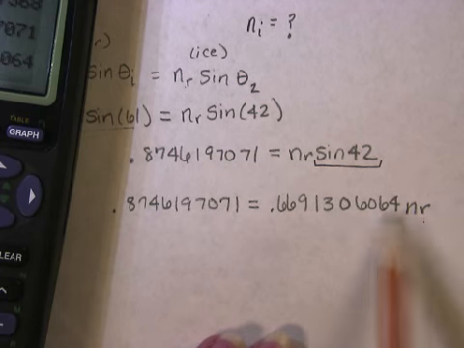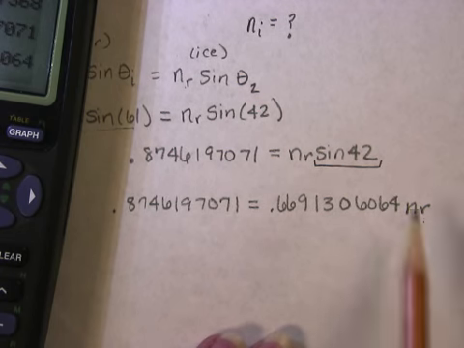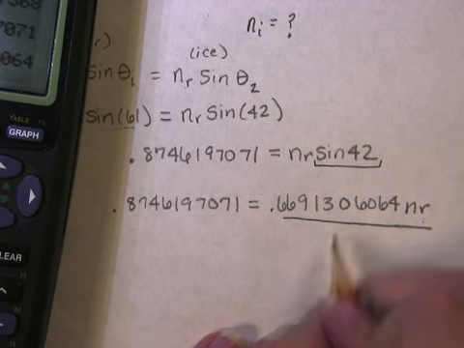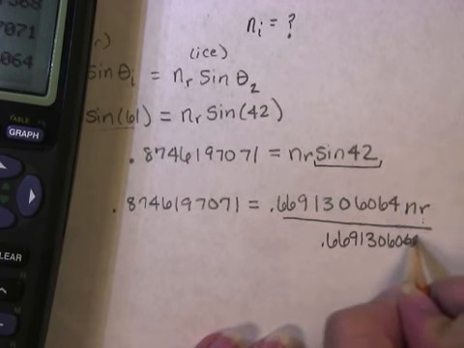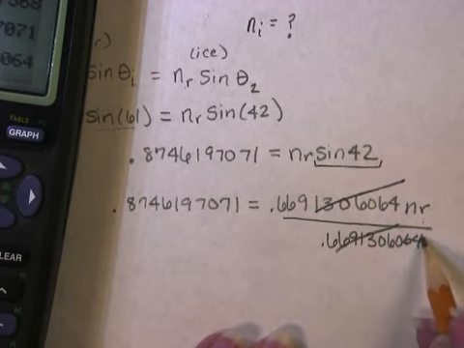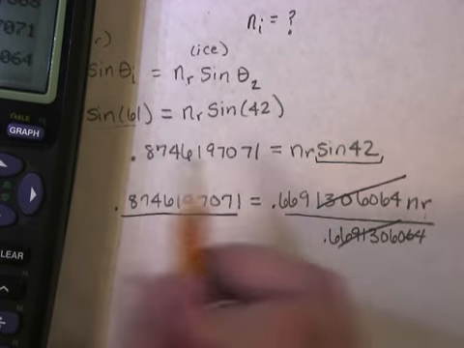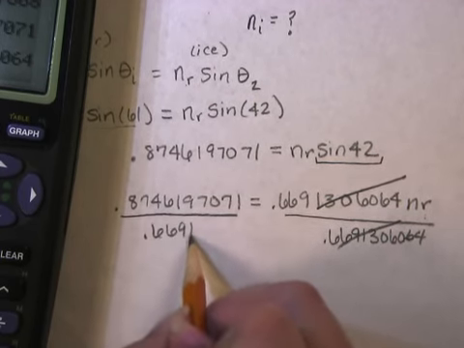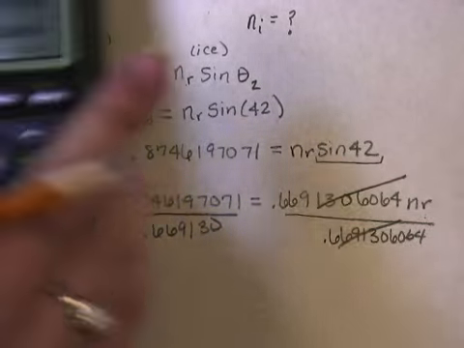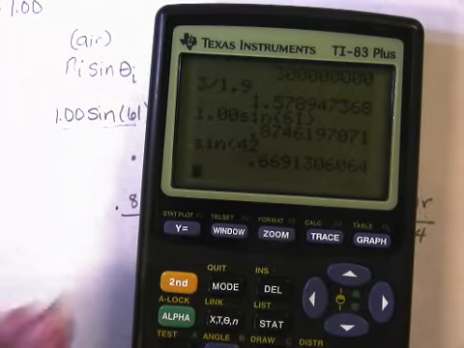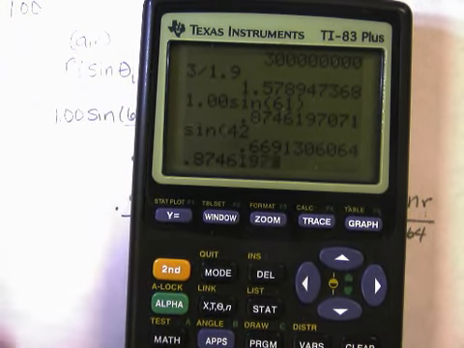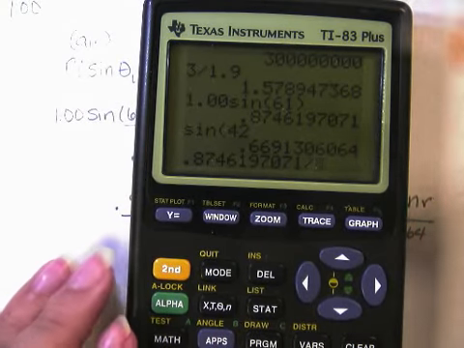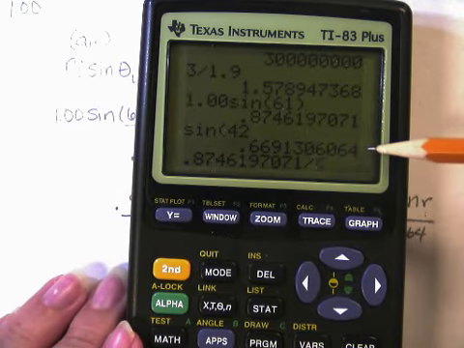Because it's being multiplied here, I'm going to do the opposite, which is division, to cancel it out. And remember, whatever you do to one side of the equal sign, you must do to the other. So I would take my previous answer, which is 0.8746197071, divided by the answer that the calculator has generated.